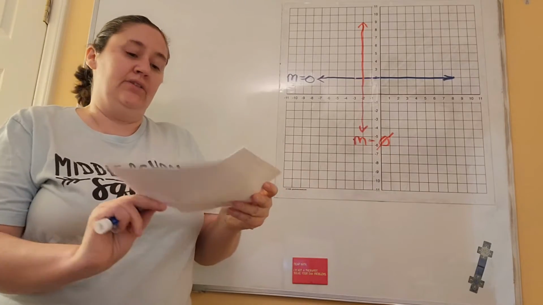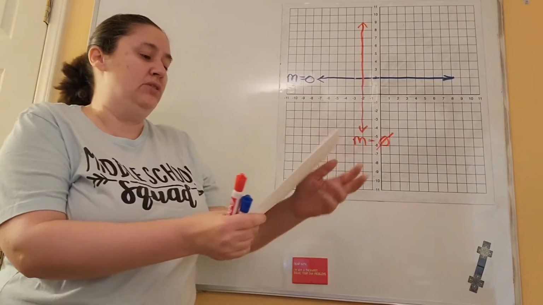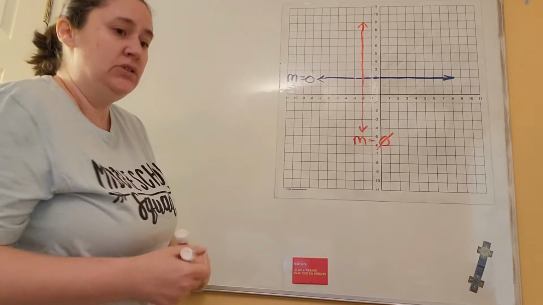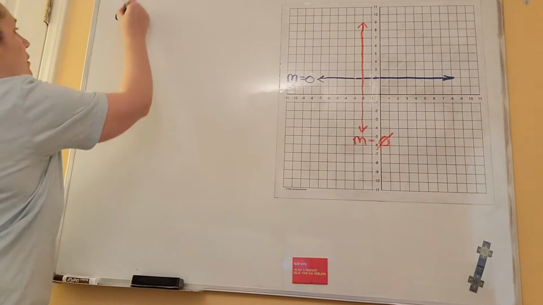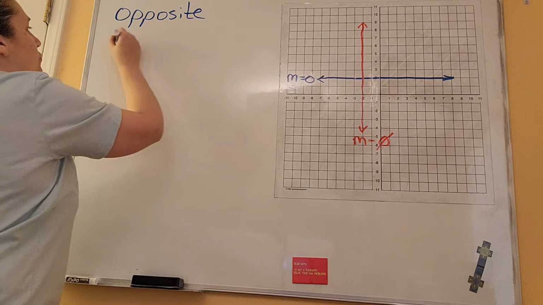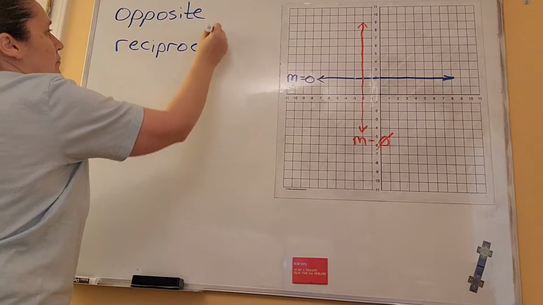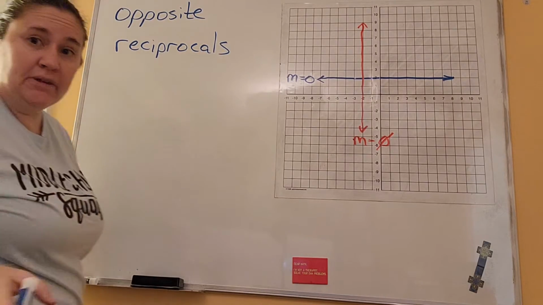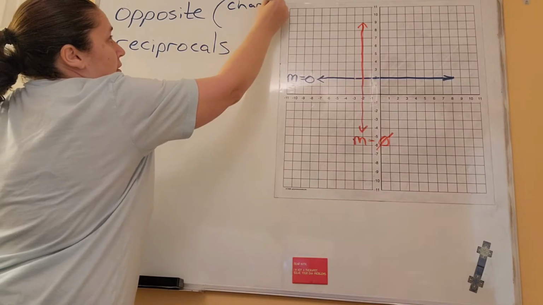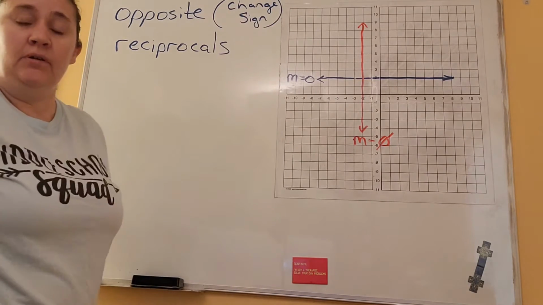On our handout that you could have printed at home, it says that perpendicular lines have slopes that are opposite reciprocals. The word opposite means change the sign. If the slope is positive, make it negative.